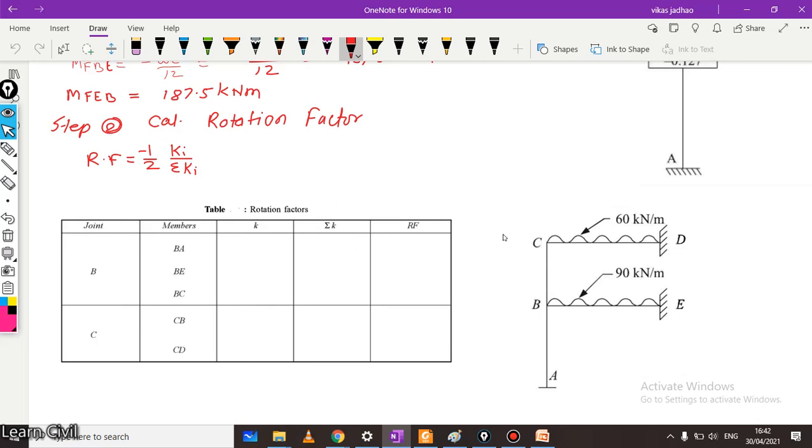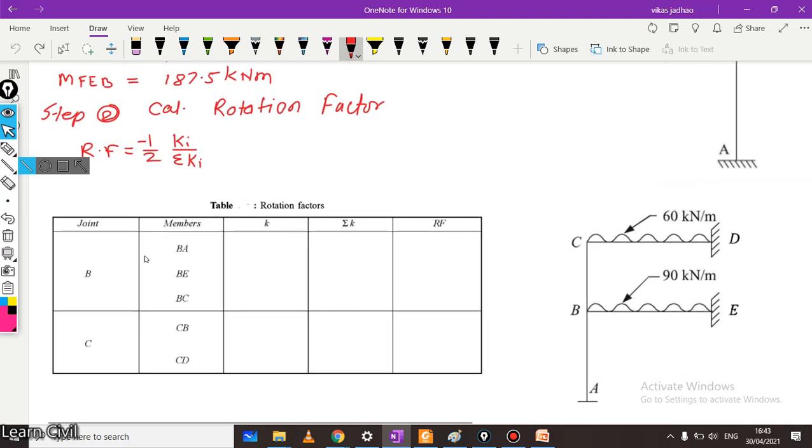Now we have to determine the rotation factor at joint B and at joint C. Let us consider joint B. At joint B we will be having three members, BA, BE and BC. So we have to first find out the stiffness for each individual member.